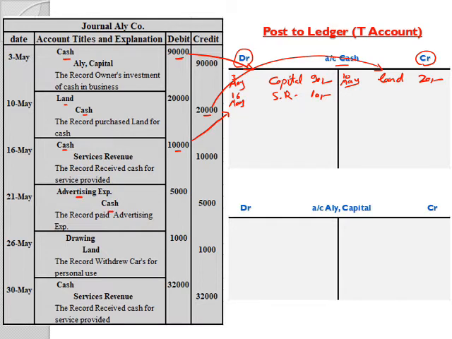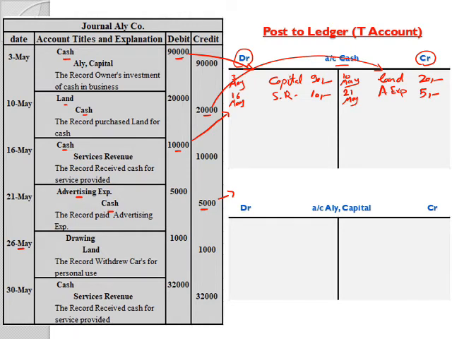Cash record in the credit side, amount in the credit column, transfer to credit side 5,000, advertising expenses, date May 21.